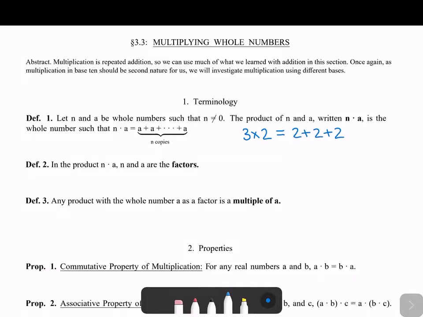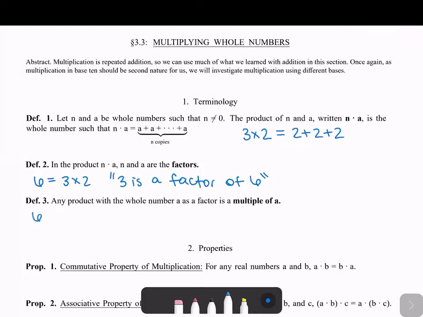So whenever we have a product, for example, if we have that 6 equals 3 times 2, this would be said that 3 is a factor of 6, and likewise we have that 2 is a factor of 6. The things that we multiply together are the factors.